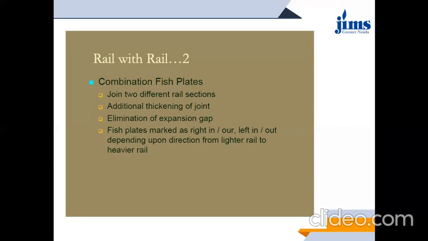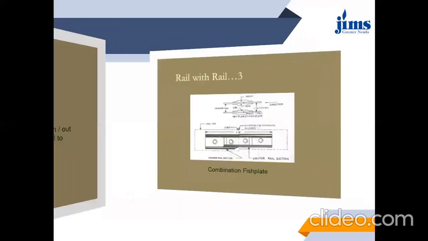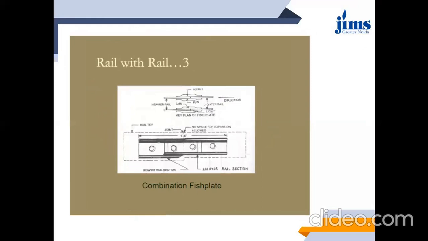That means if a locomotive is passing from the heavier rail to the lighter rail, then the fish plates would be placed in such a manner that the heavier portion will be on the heavier rail side and the lighter portion on the lighter rail side, and it is designated. That is, it is marked on the fish plate which is the heavier rail and which is the lighter rail.